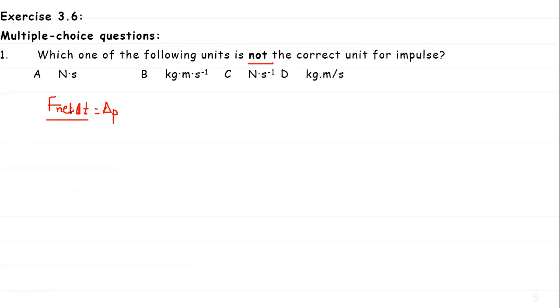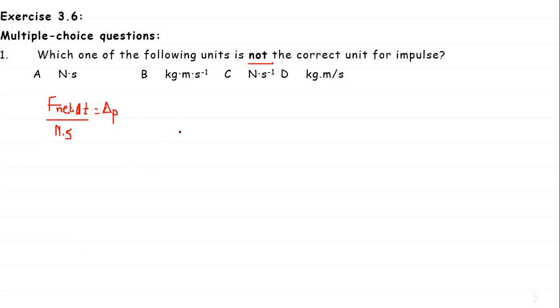So the SI units for impulse, which are the actual SI units, is that you will be multiplying force, which is measured in newtons, with the time because you are getting the product, which is seconds. In other words, the SI unit of impulse is newton second. So the first one is actually correct.